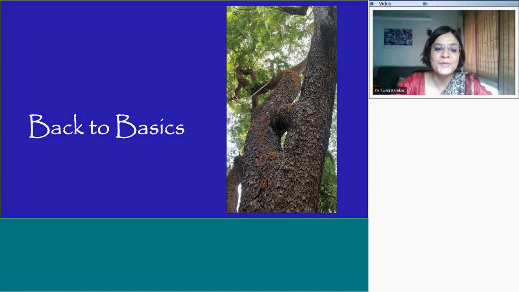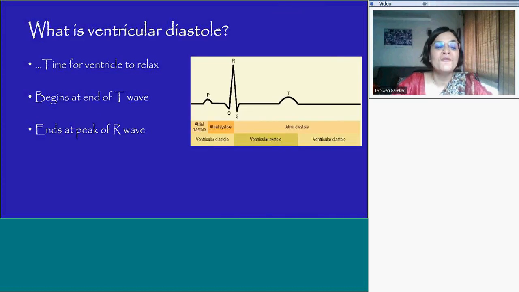So you should be back to basics here. Ventricular diastole is the time when the ventricle relaxes. The diagram over here: at the T wave, which shows repolarization of the ventricle, at the end of the T wave is when ventricular diastole begins.